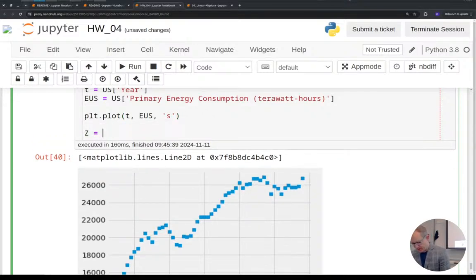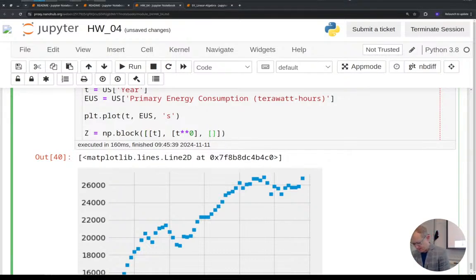Then I want to create a Z matrix. First one's going to be time. Then I want a whole bunch of ones, just a column to act as an intercept.